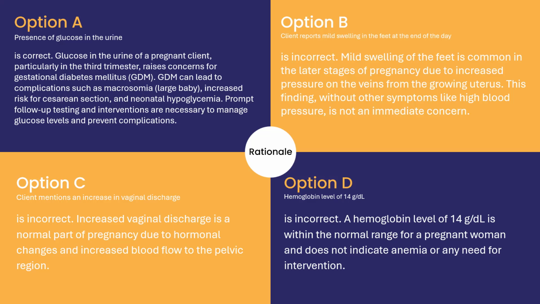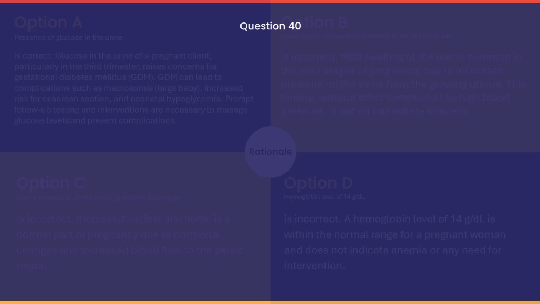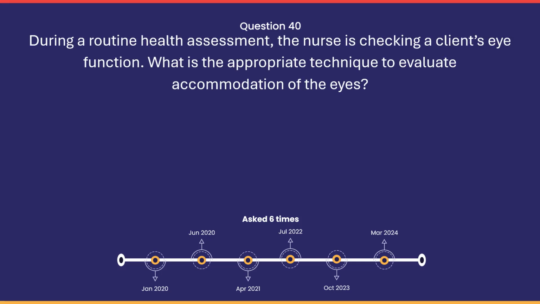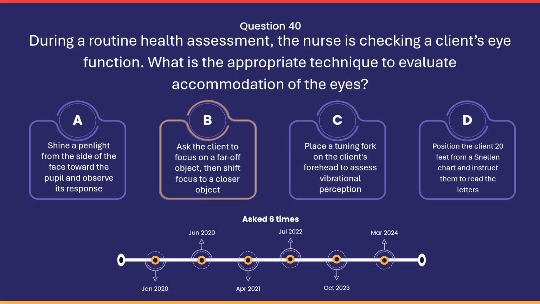Let's move to the next question. This eye assessment question has been asked 6 times in the last 5 years, making it a common topic for exams. During a routine health assessment, the nurse is checking a client's eye function. What is the appropriate technique to evaluate accommodation of the eyes? A. Shine a penlight from the side of the face toward the pupil and observe its response.